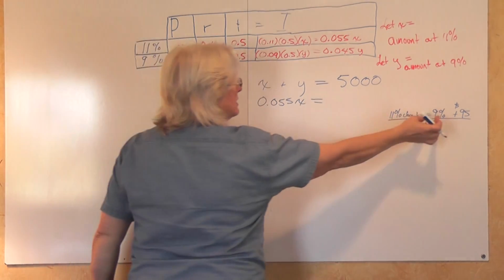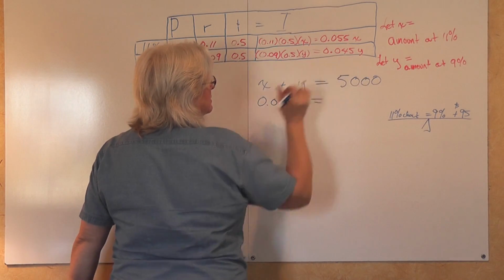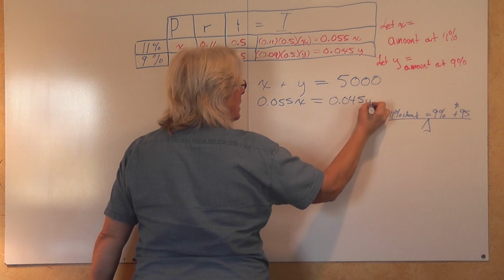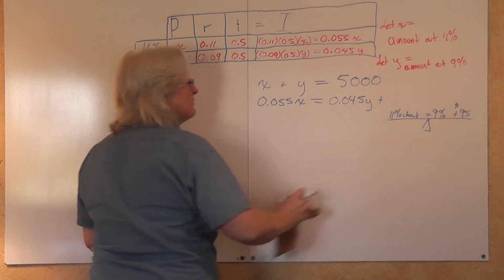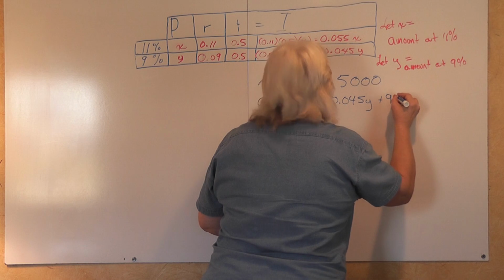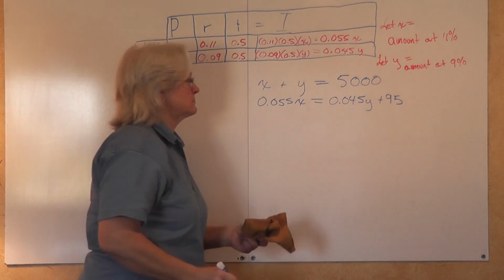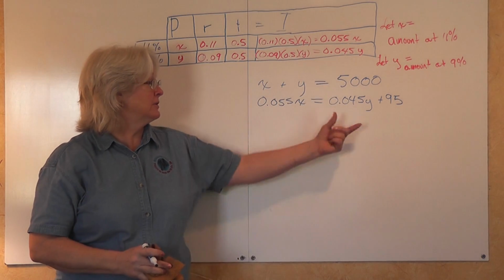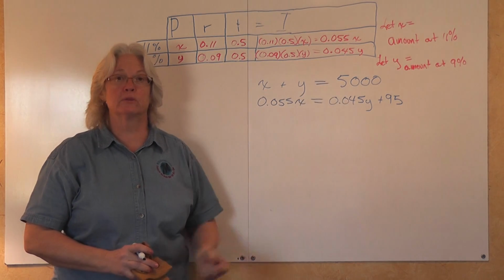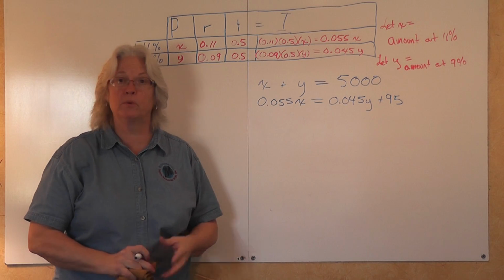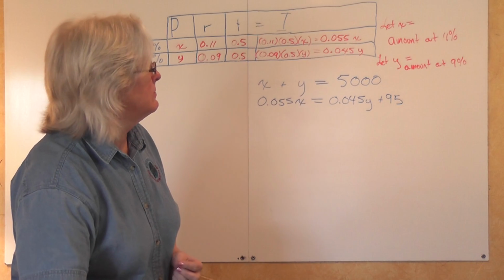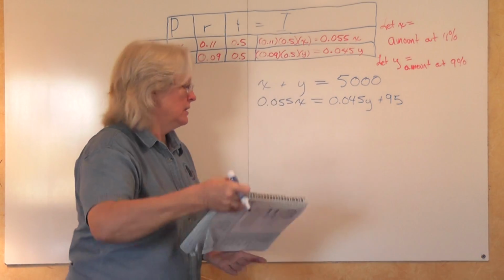And that's equal to the 9% interest, 0.045y plus $95. Now we have two equations that we're going to manipulate so that we're able to come up with the amount of money invested at 9% and the amount of money invested at 11%.